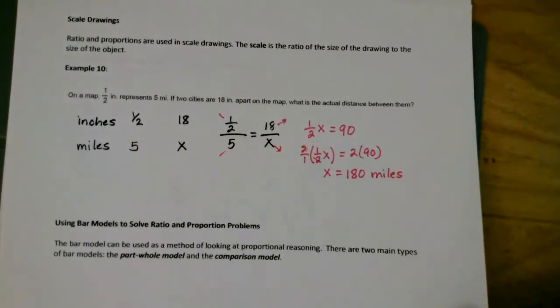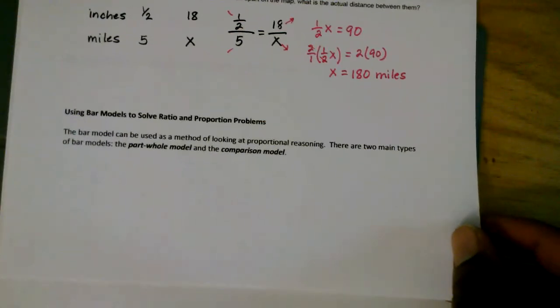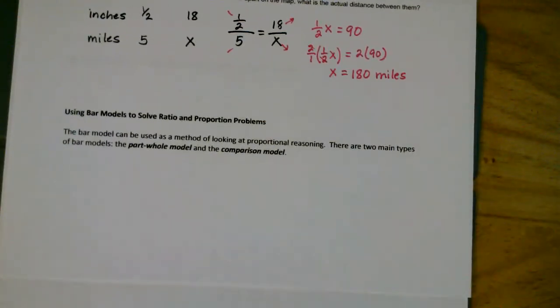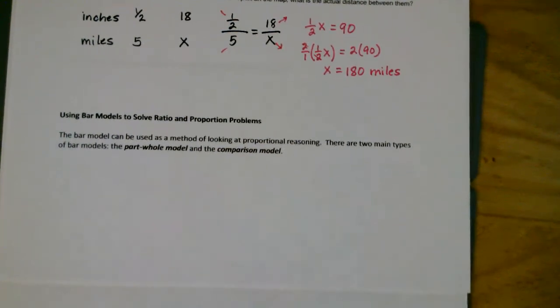All right. Another way to solve proportions would be using what they call bar models. A bar model can be used as a method of looking at a proportion. There are two main types of bar models: the part to whole model and the comparison model.